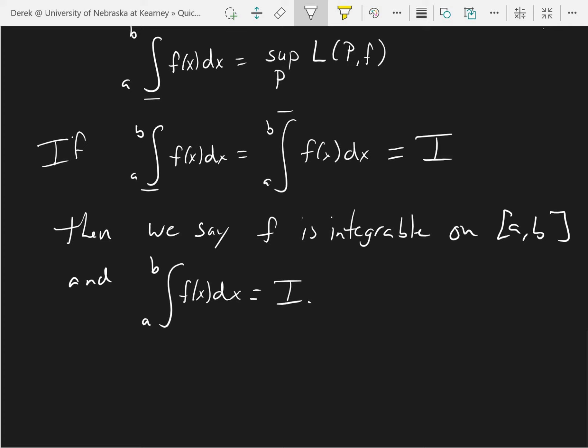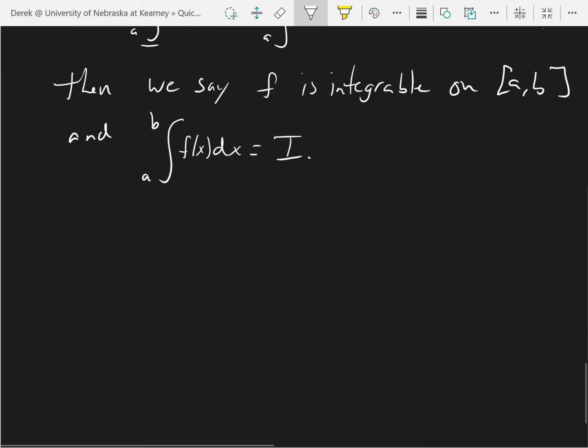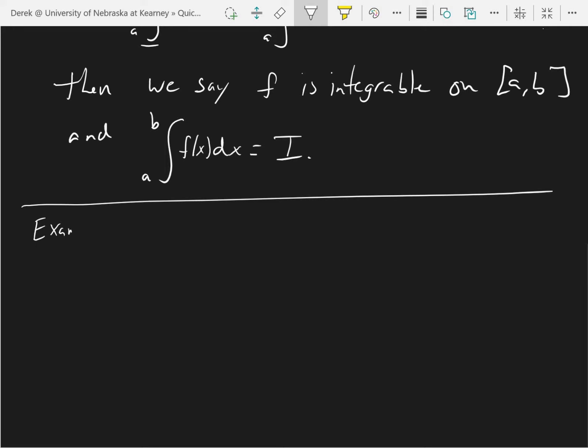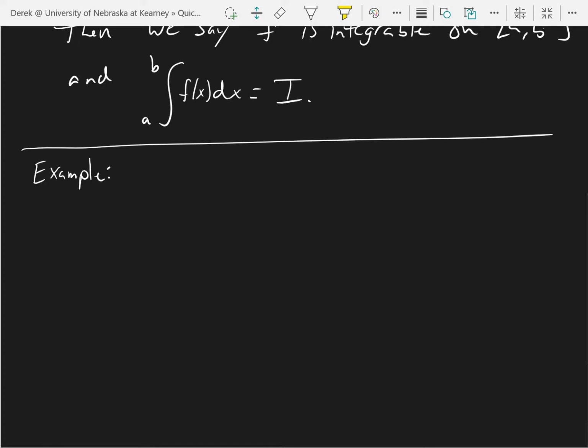This sort of means that there's some functions that we can't integrate, and there's some functions we can integrate. So let's see a couple examples of those. Let's see sort of a silly example first. Let's just look at, say, f of x equals the constant function c on [a, b].